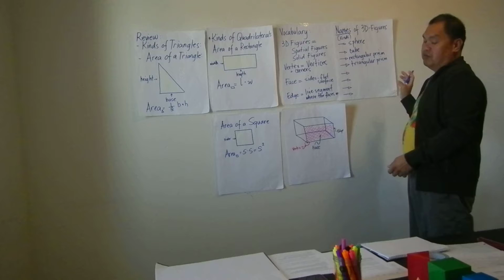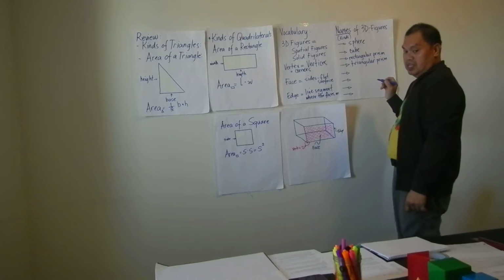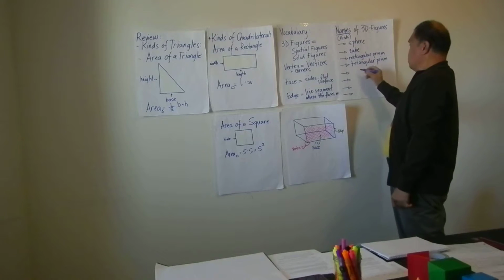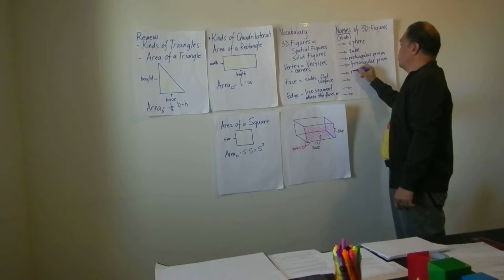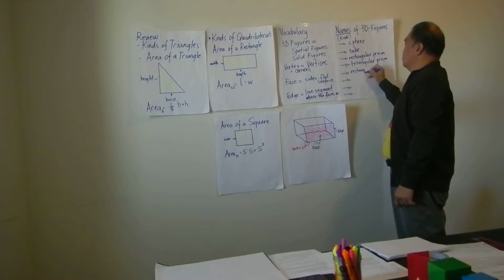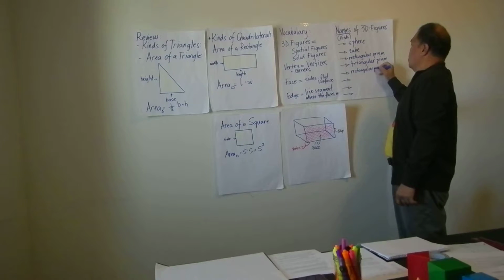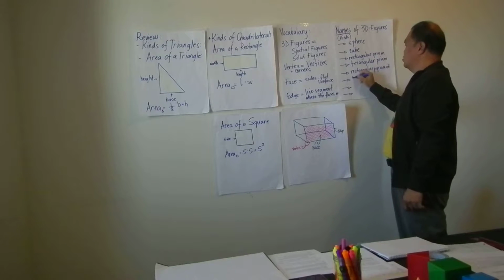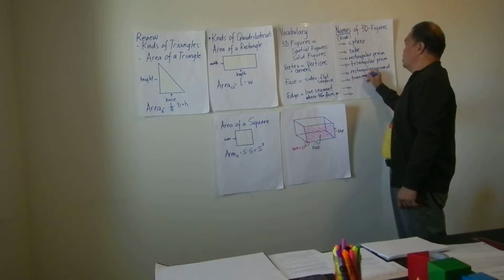And another one is what we call the pyramid. Let's say rectangular pyramid. And there is also what we call a triangular pyramid.